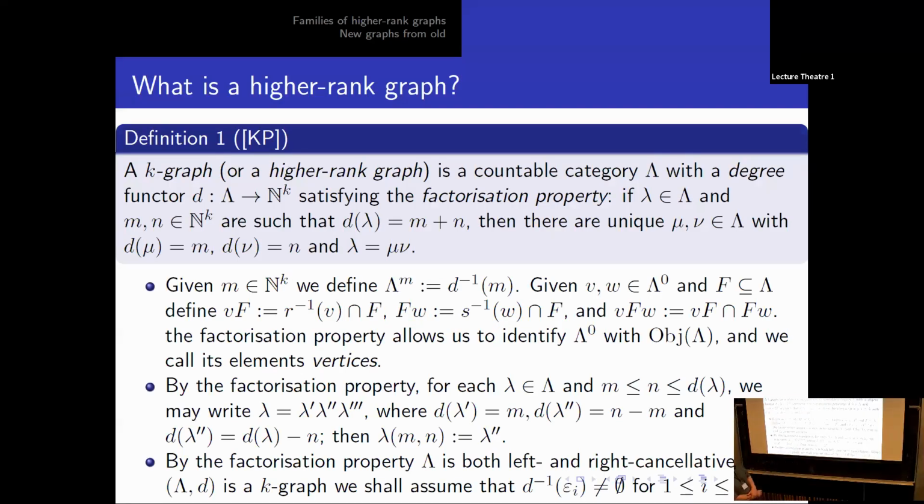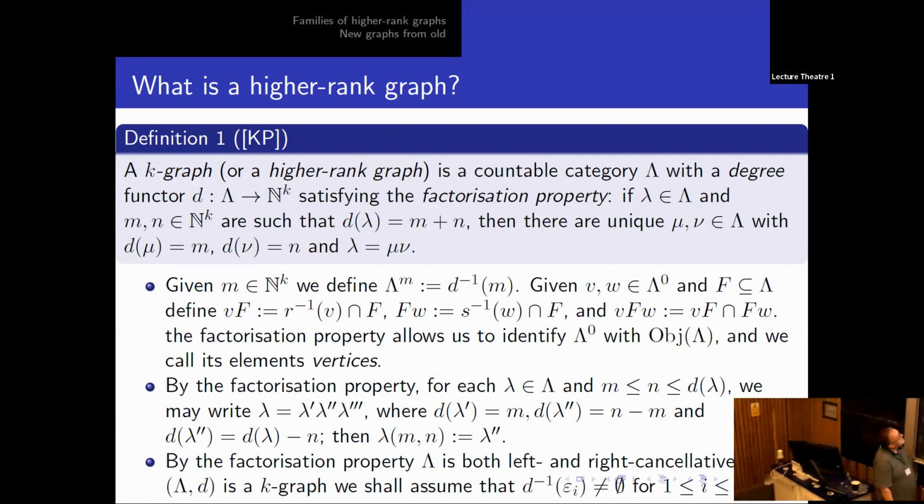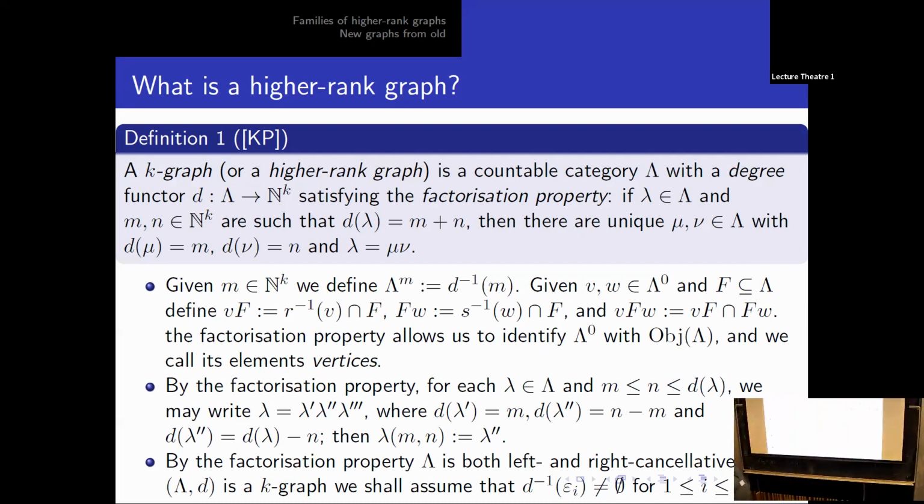So thanks to Howard, I've already seen the definition of a higher rank graph. It's just a countable category with a degree functor satisfying a certain factorization property. And then there's a bunch of category theoretic notation, which happily has pervaded the conference to date.